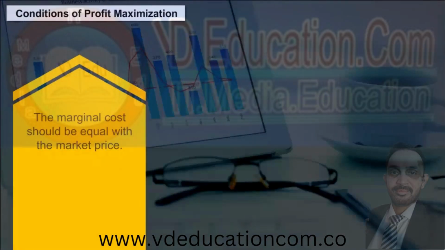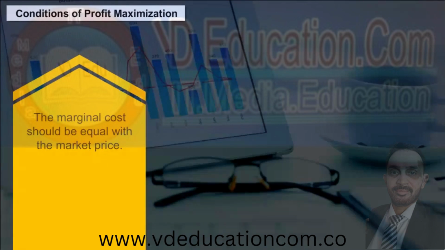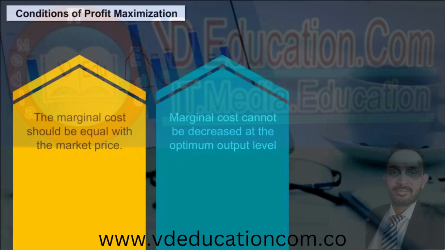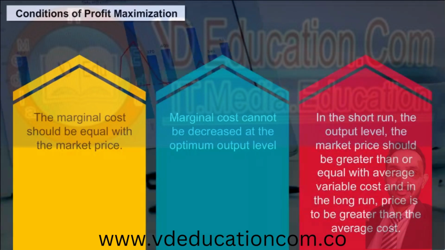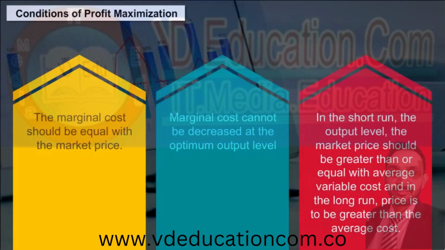First, the marginal cost should be equal to the market price. Second, the marginal cost cannot be decreasing at the optimum output level. And third, in the short run, the market price should be greater than or equal to the average variable cost, and in the long run, the price is to be greater than or equal to the average cost.